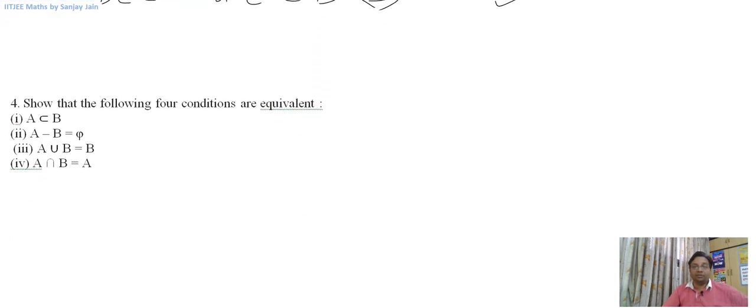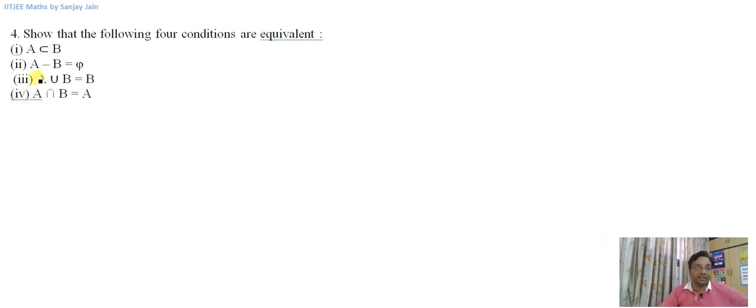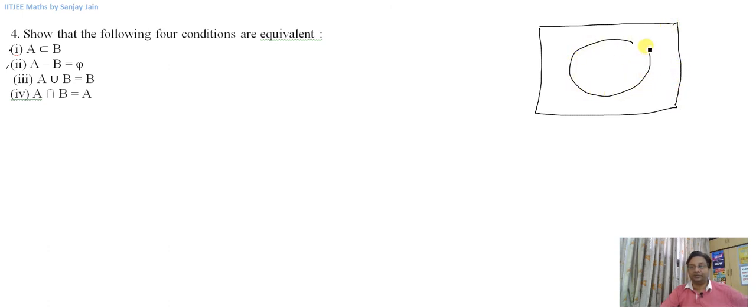Now we need to show that these conditions are equivalent. If I say that A is a subset of B, it is equivalent to saying that A minus B is phi. It means, let us say there is set B and there is another set A which is a subset of B, right?